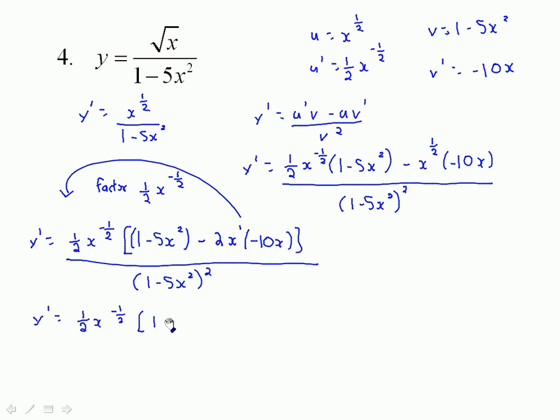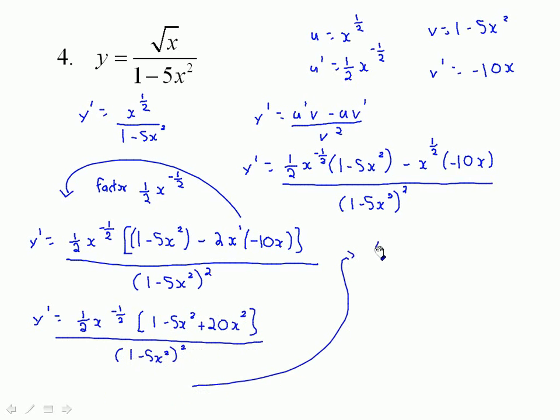Inside that bracket, we have 1 minus 5x squared plus 20x squared. And then this is all over 1 minus 5x squared all squared.